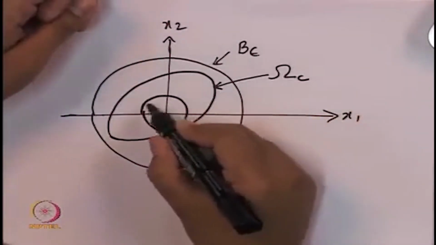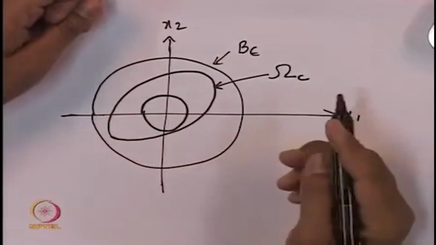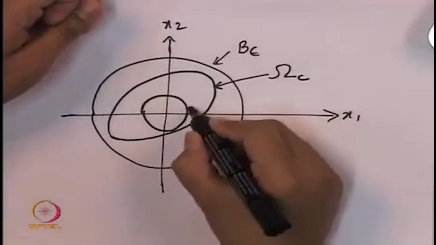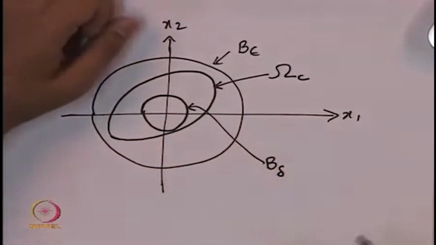In other words, there is an open ball B delta that is contained inside this omega c set. So this is the ball which we have called B delta.